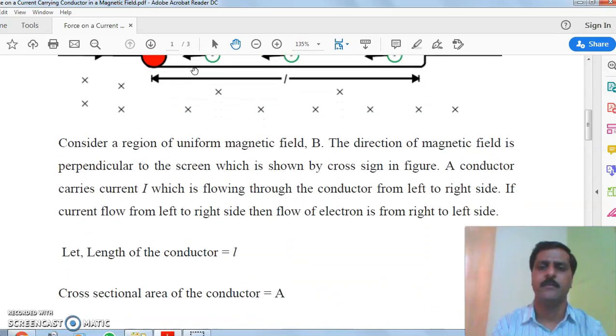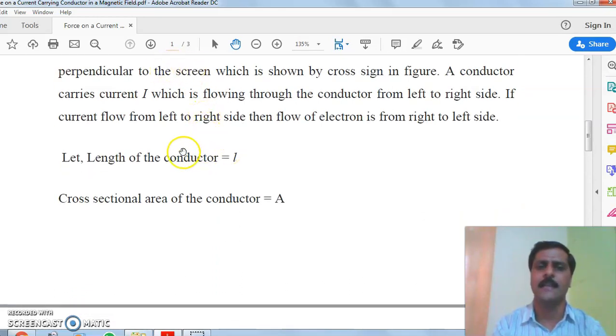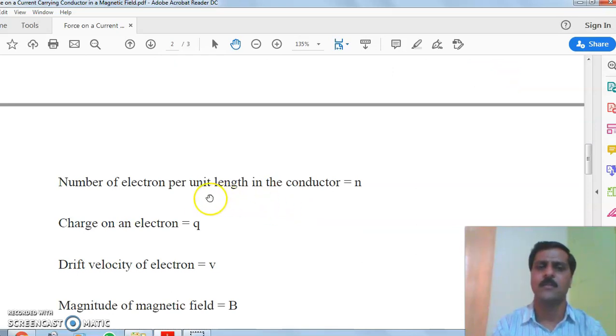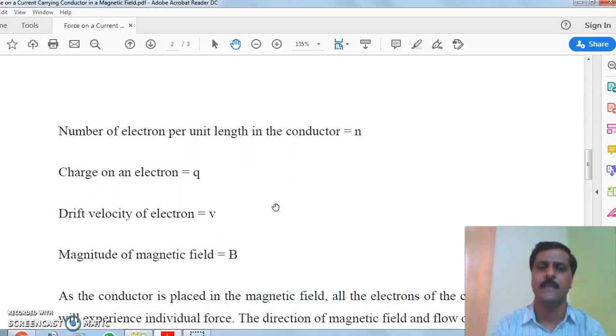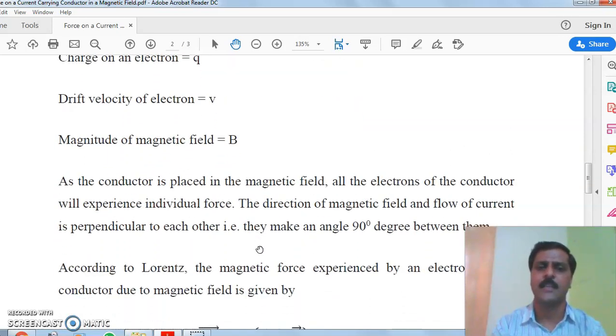To derive an expression, let us consider the length of the conductor is L, area of cross section of the conductor is capital A, number of electrons per unit length in the conductor is small n, charge on an electron is small q, drift velocity is small v, and magnitude of magnetic field is capital B. As the conductor is placed in the magnetic field, all the electrons of the conductor will experience individual force.